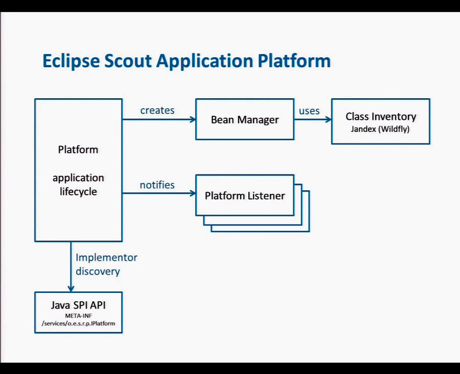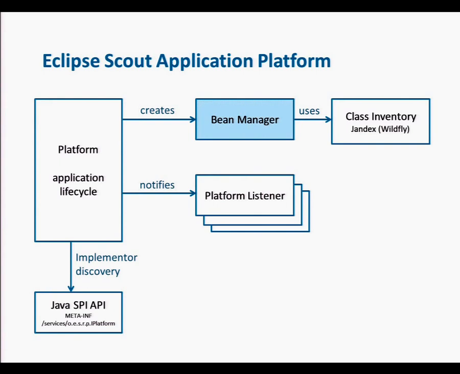So if you have some specific need, feel free to change that. You also see platform listeners. You need those if you're interested in platform lifecycle events to do some specific stuff. That's actually very much like the Eclipse application, where you have the IApplication that's called during startup, where you can start interacting with your application.